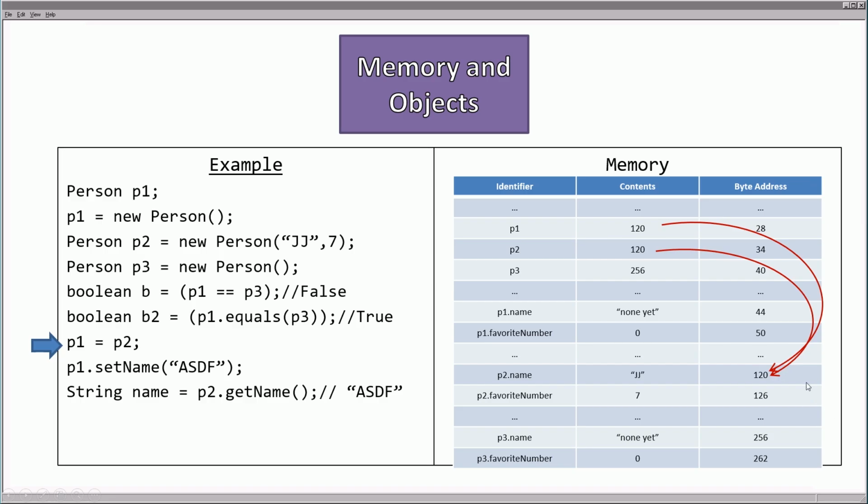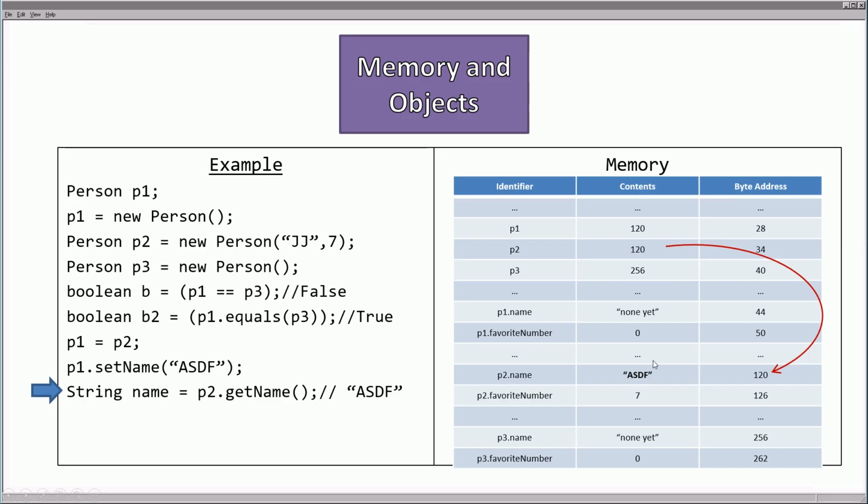Now this is where things can get very weird. The next statement, what we're doing is we're setting P1.setName to ASDF. Now P1 refers to this name, which basically changes that property to ASDF. So now, if we assign string name and call the accessor from P2, remember, P1 and P2 refer to the exact same object.